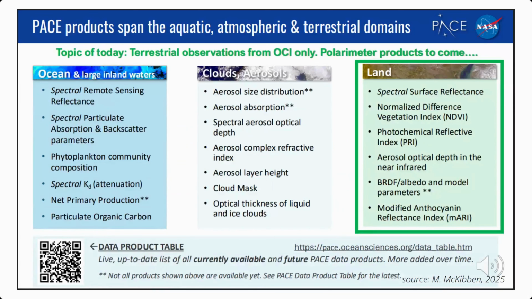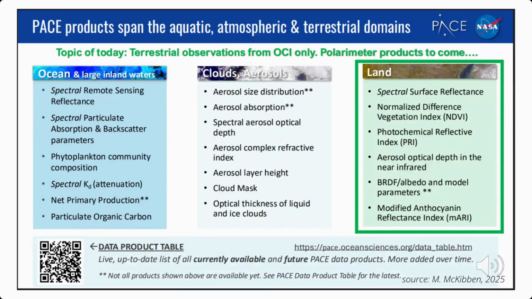I also wanted to hark back to the previous PACE meeting where Morgane, Fred and Sky walked us through the different things that are out there. Just in case people have forgotten, there are a number of different land products being pulled off of PACE.